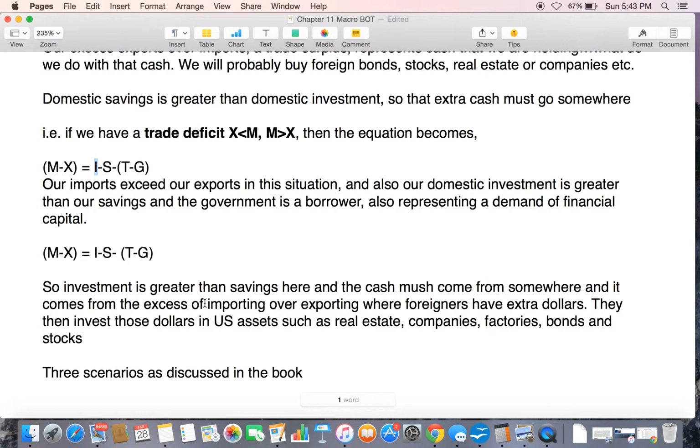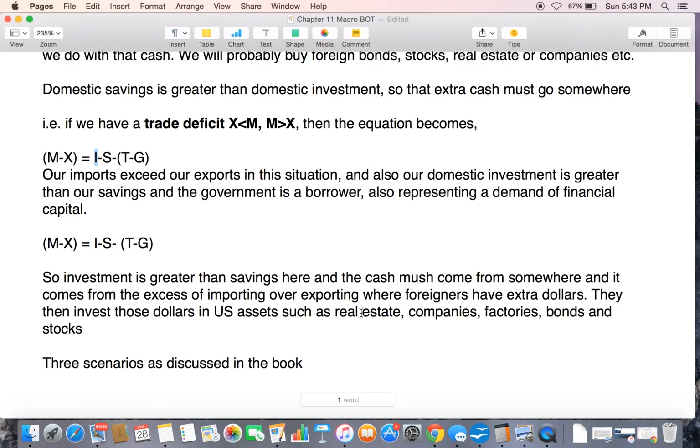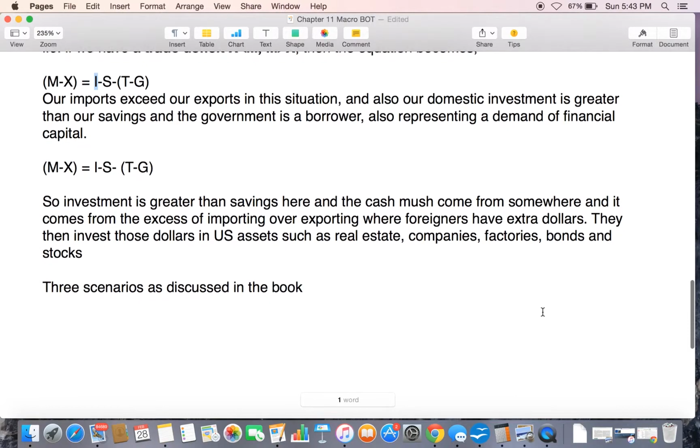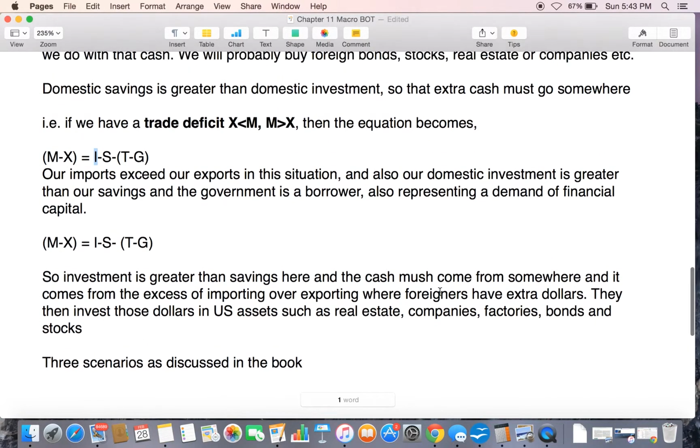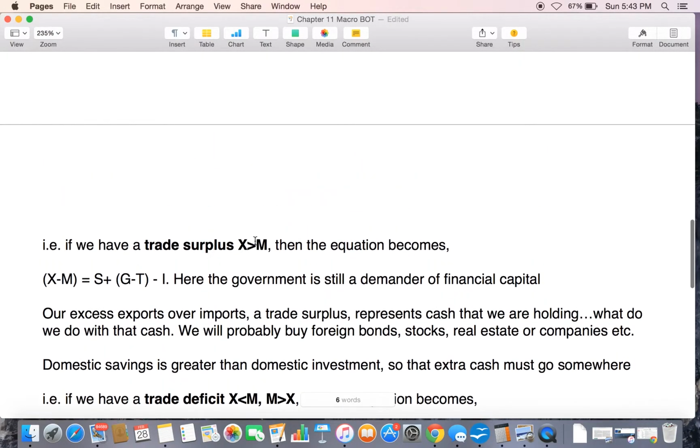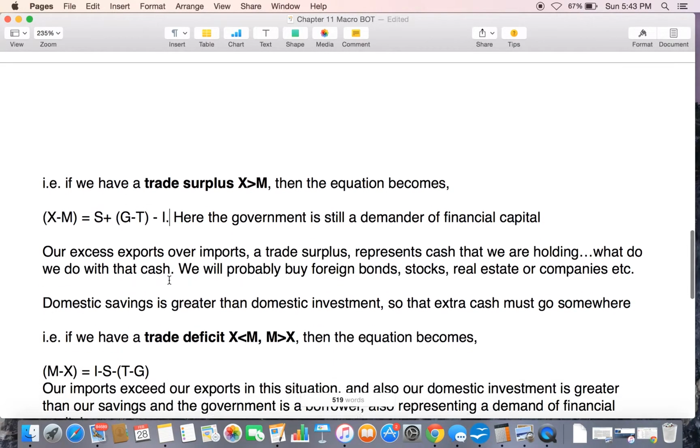They're receiving dollars. They invest those dollars in US assets, US real estate, US companies and factories. They buy our domestic bonds. They could buy our treasury bonds and stocks. And so that is how we would want to interpret the equation if we're looking at it as a trade deficit. And if we are having a trade surplus, we would want to view the equation in this format.